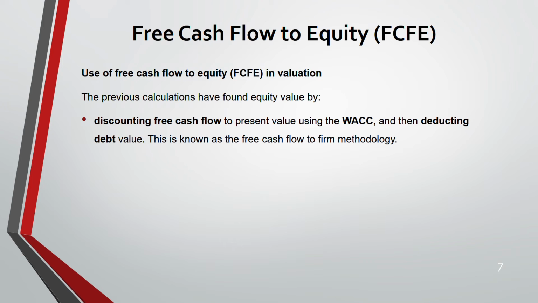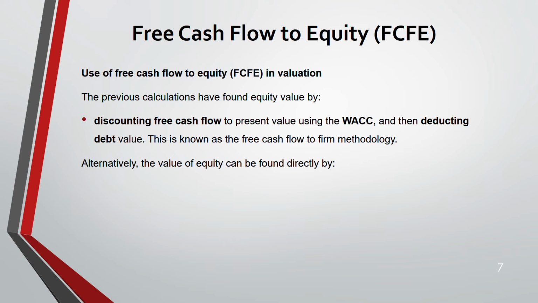So you discount using WACC, and then you deduct the debt value, because we are finding free cash flow to equity. So you have to deduct debt to find free cash flow to equity. If you do not deduct debt, it's just a free cash flow. Okay, it's known as free cash flow to equity, or you can say free cash flow to firm. It's the same thing.